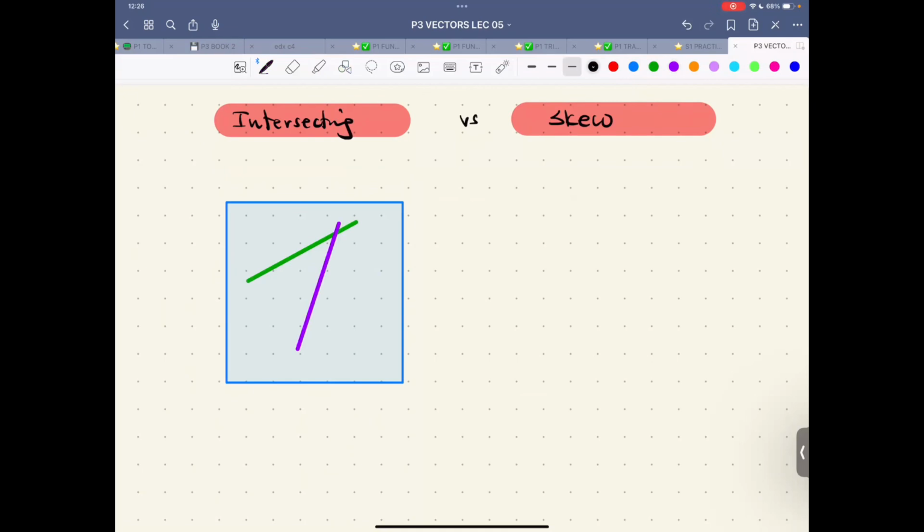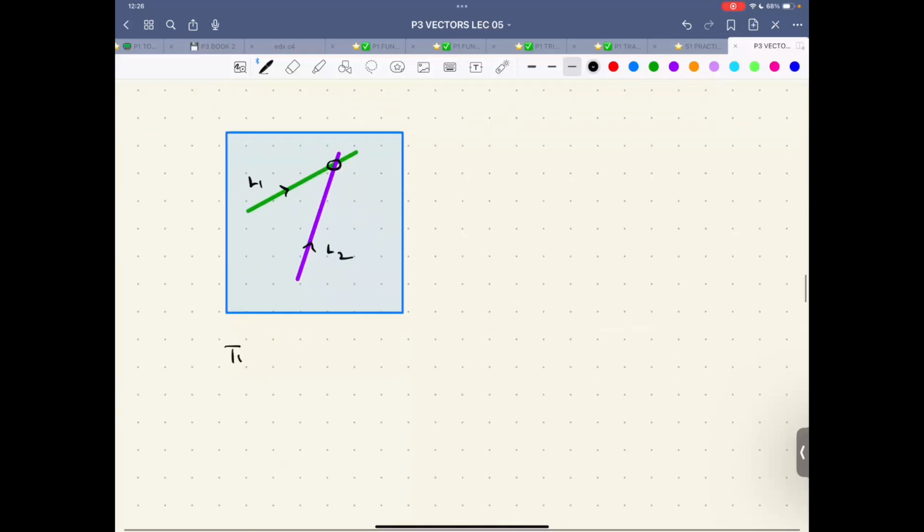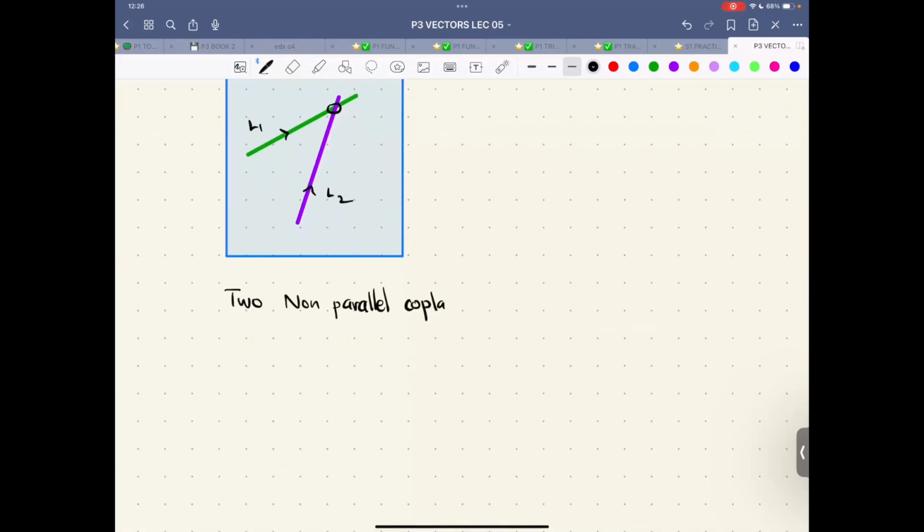So this is line 1, this is line 2, and two non-parallel coplanar lines will intersect.